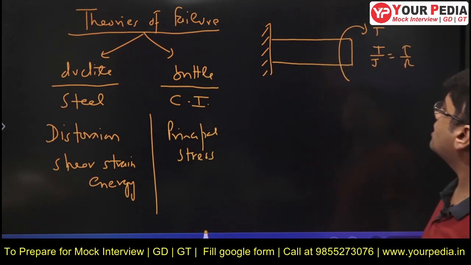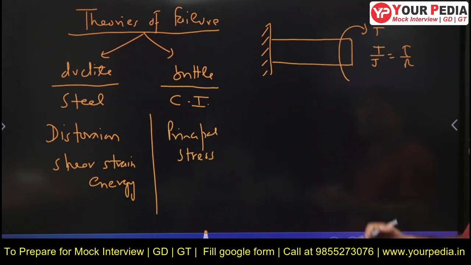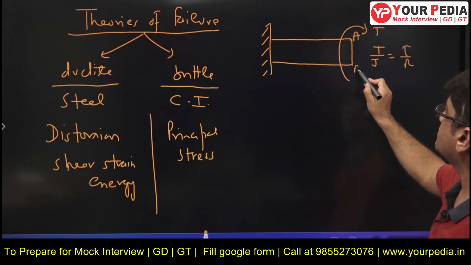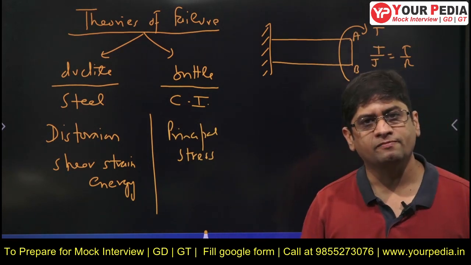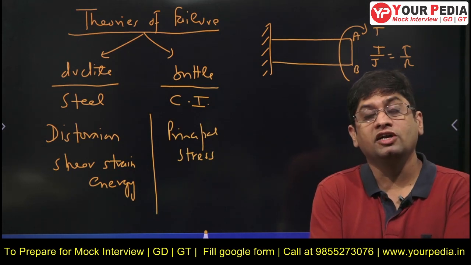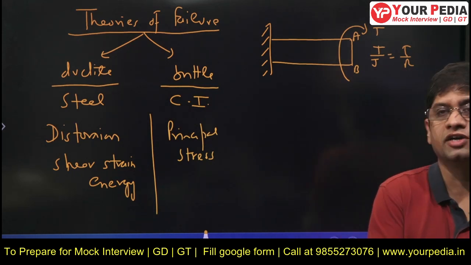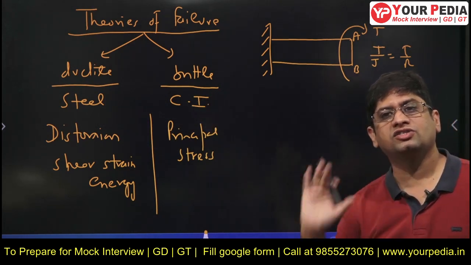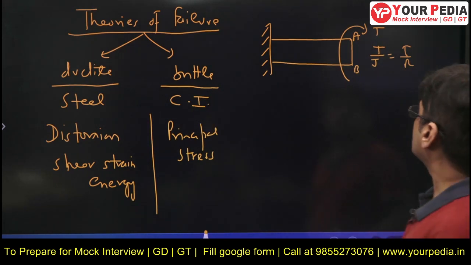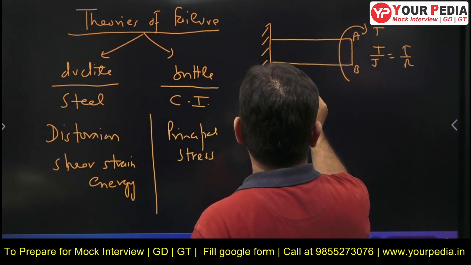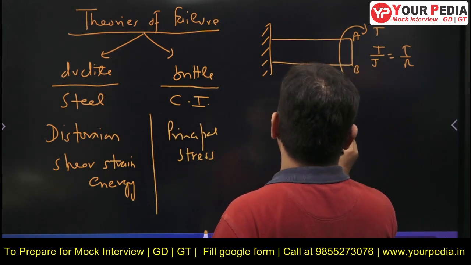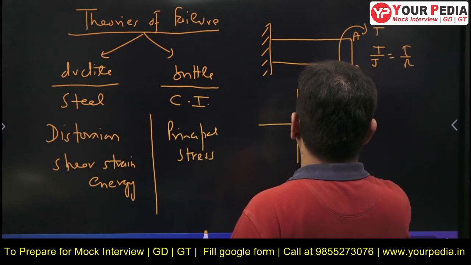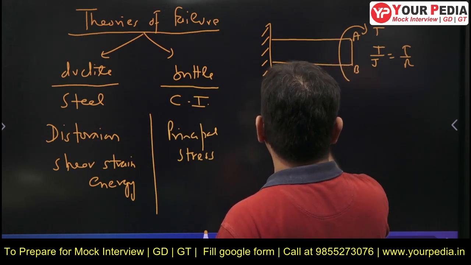Now, AB plane is the plane which I give you. On the AB plane, the torque is induced, and shear stress is induced. So AB plane is the plane where there is a shear stress. How do you draw the Mohr circle for this? The body is subjected to shear loading only.